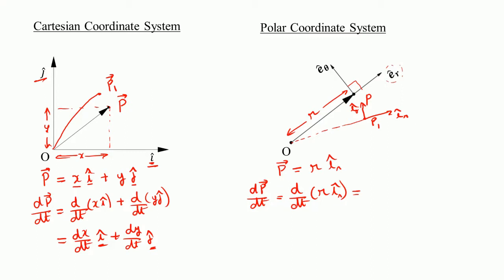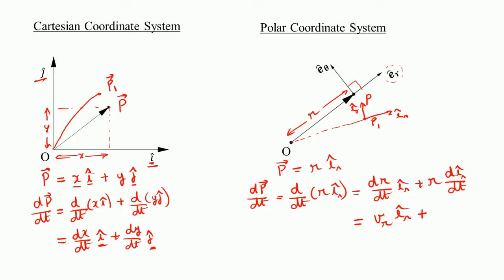So this can be written as dr by dt into er plus r into der by dt. Okay. So now what is dr by dt? If I see, dr by dt is velocity vr. That is how it changes with the velocity in the r direction into er I can write.